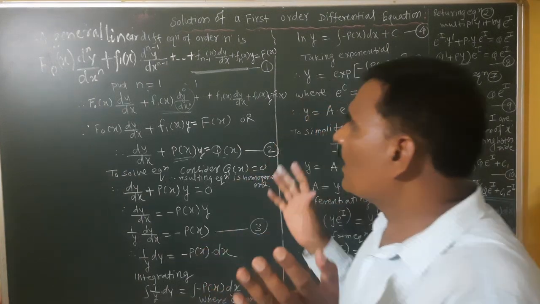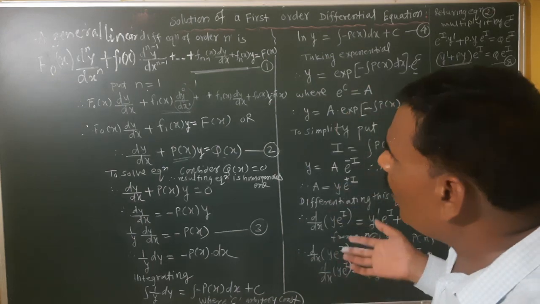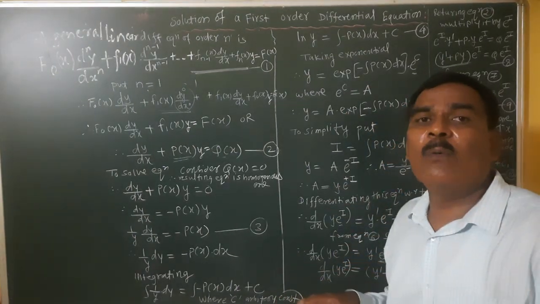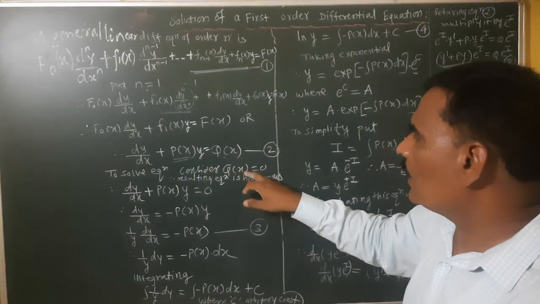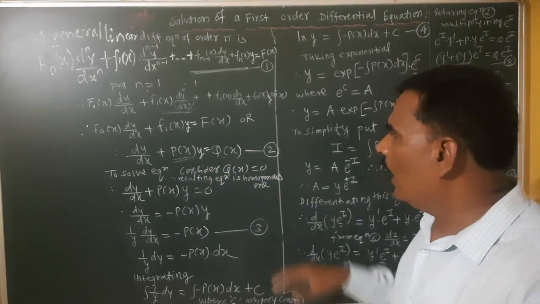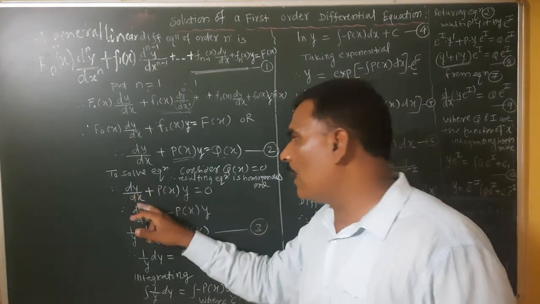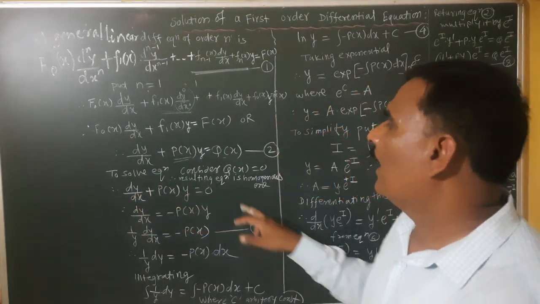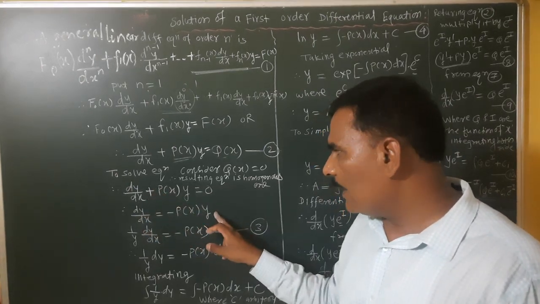To solve this equation, this is a linear differential equation. This can be solved by using the homogeneous method. That is, to solve this equation, we have to consider q of x is equals to 0. And when q of x is equals to 0, this equation simply becomes dy by dx plus p of x into y is equals to 0. Now this is plus here, it becomes minus.